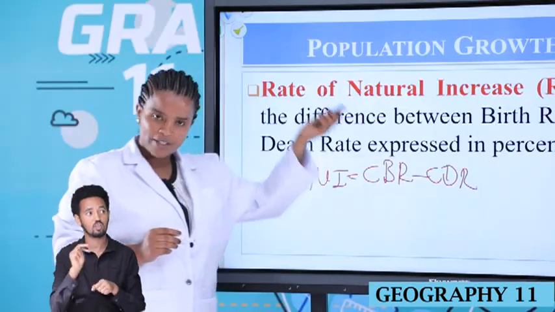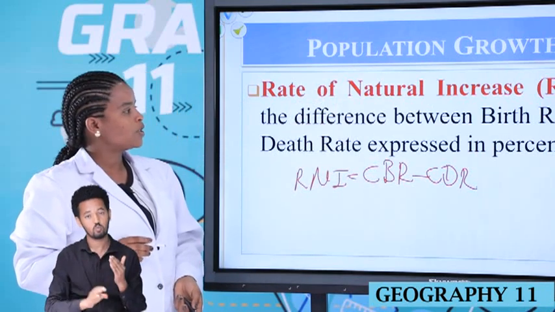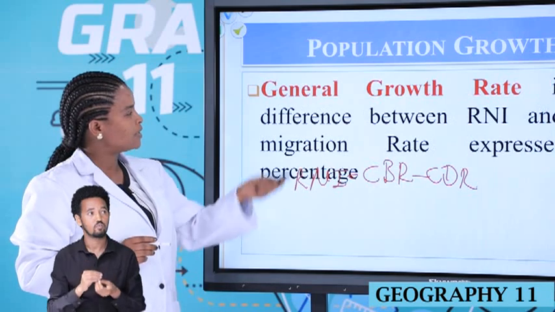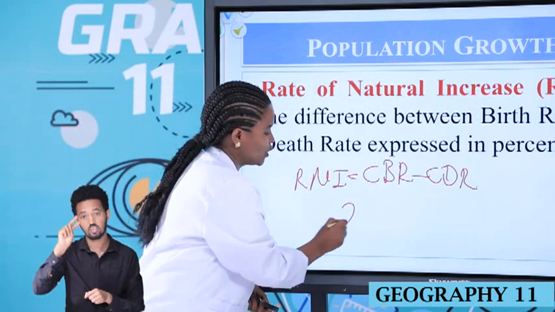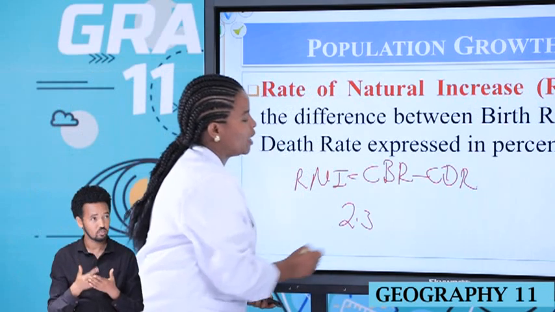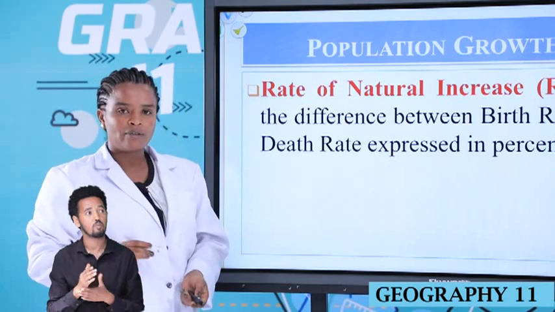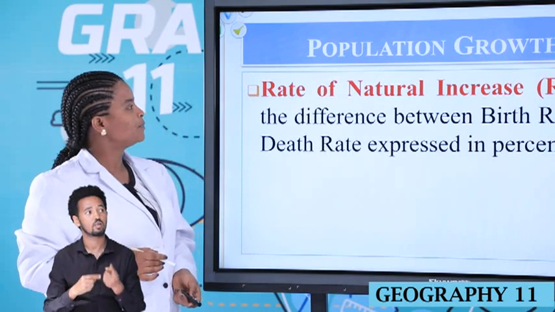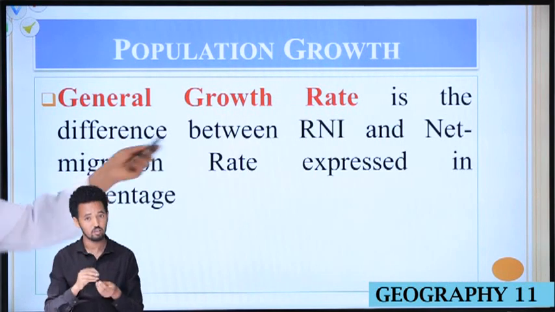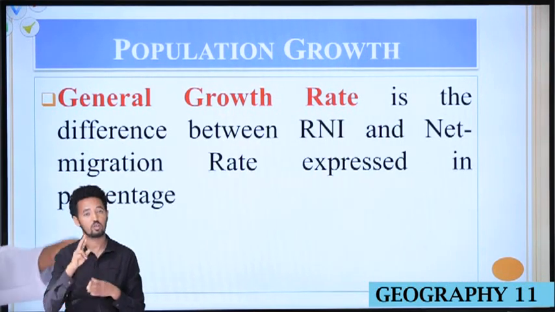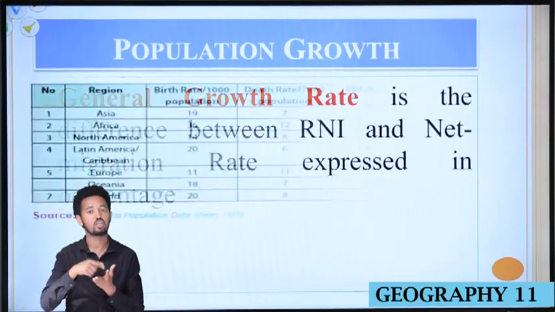The rate of natural increase in Africa reached 2.3% according to the 2009 data sheet. General growth rate, as we have seen previously, is the difference between rate of natural increase and net migration rate. It is expressed in percent.